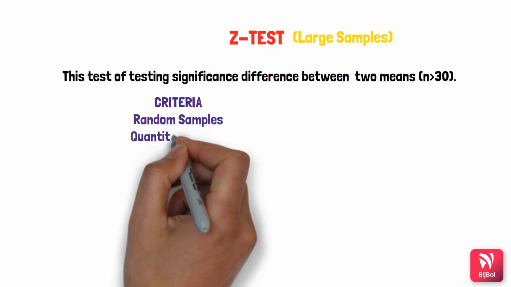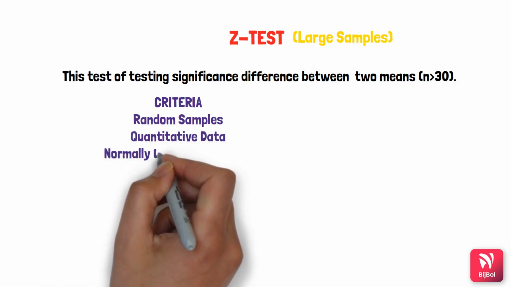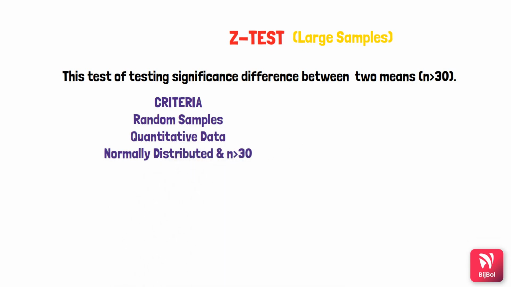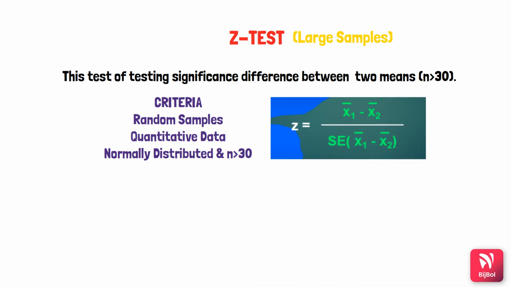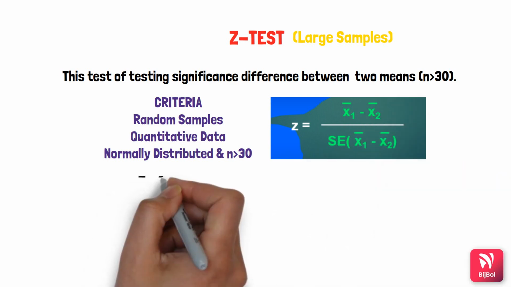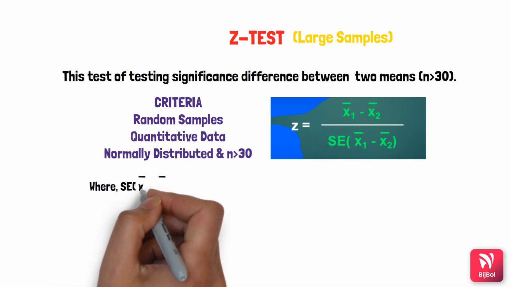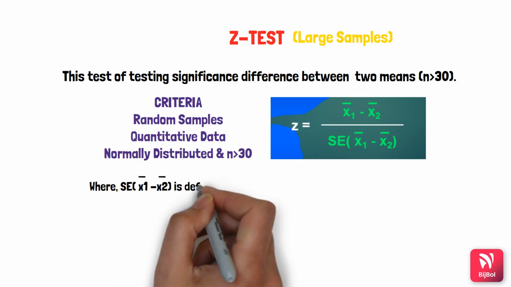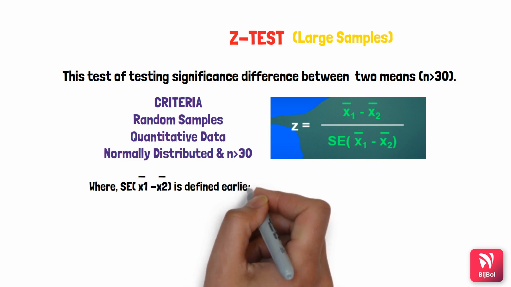The criteria is again that it can be a random sample, but the data must be quantitative and normally distributed with a sample greater than 30, and this is given by this particular equation. Now the Z-test and the t-test are almost similar. Here it is given by the difference in means divided by the standard error of the difference in means.